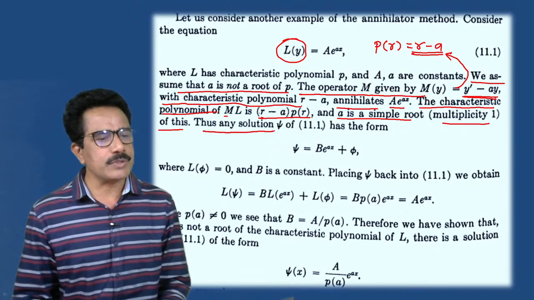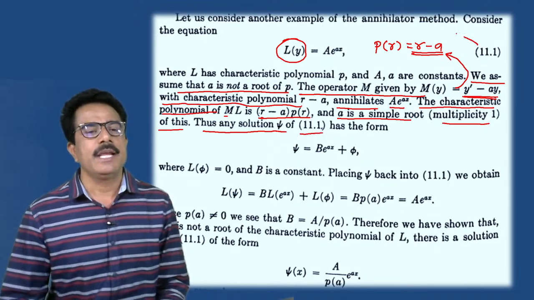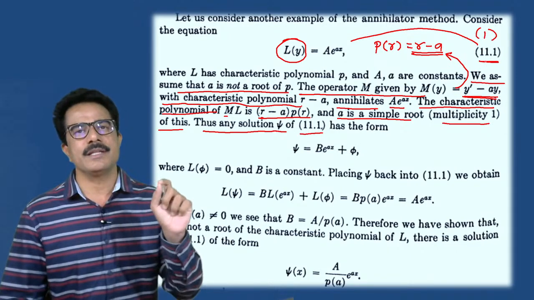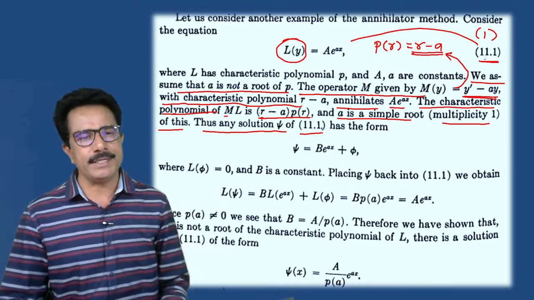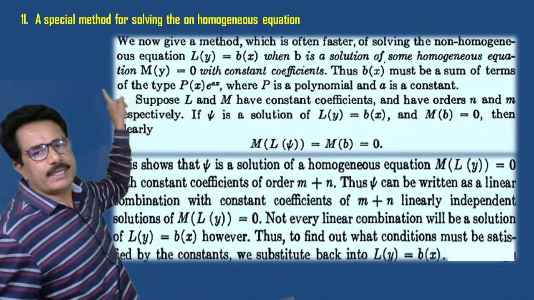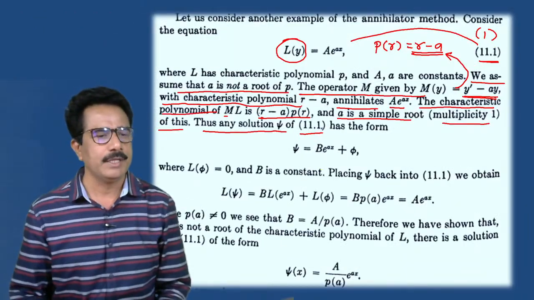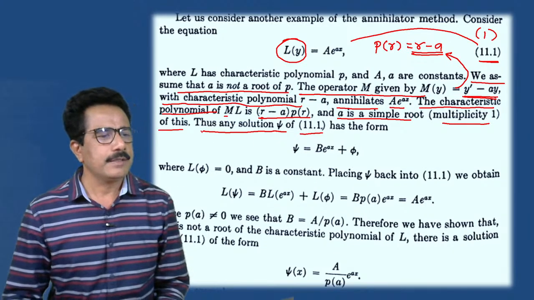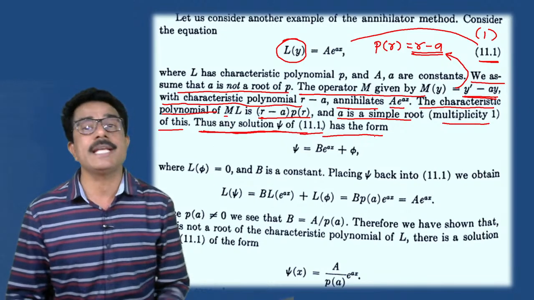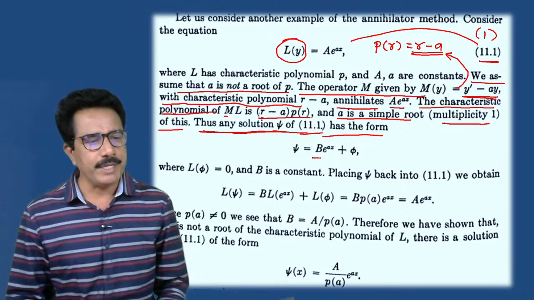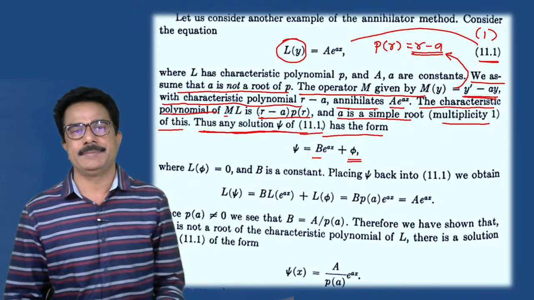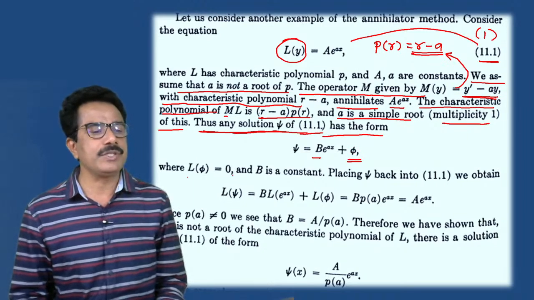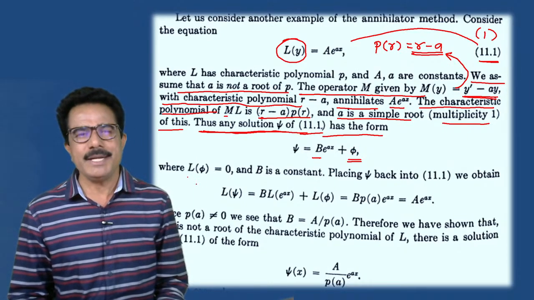Thus any solution psi of equation 11.1, which we are studying in the 11th unit, has the form psi equals b into e raised to ax plus phi, where L of phi equals 0, which is the complementary function.